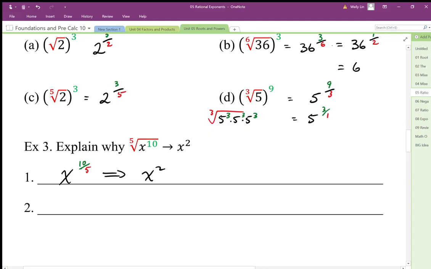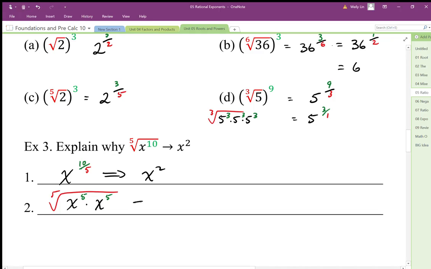The other way we can explain this is the same as what we did here. We can just say that x to the power 10 can be written as x to the power 5 times x to the power 5, and by definition of root, the number that multiplies itself to get x to the power 10 is going to be x to the power 5.